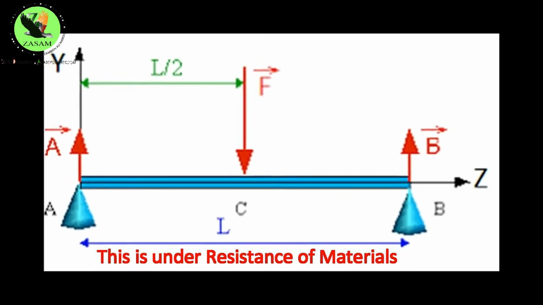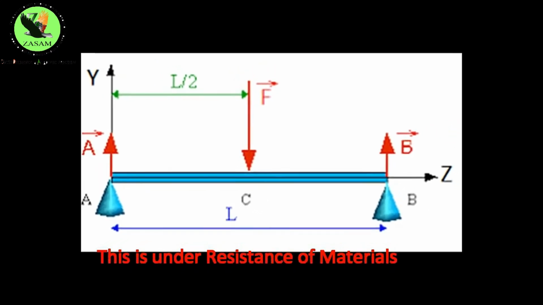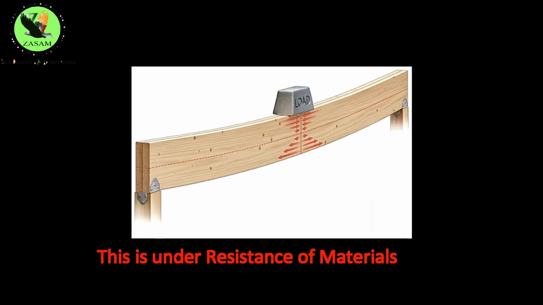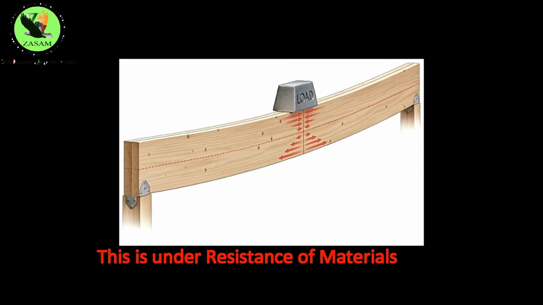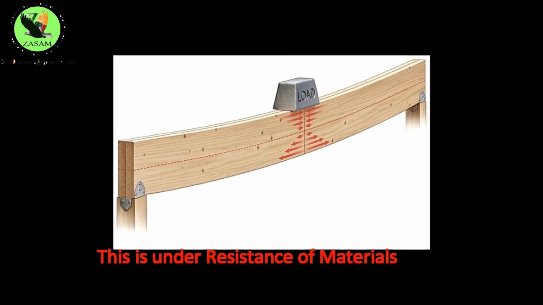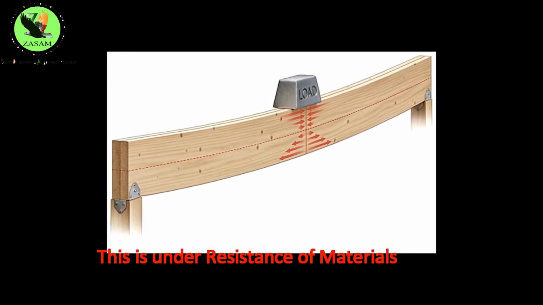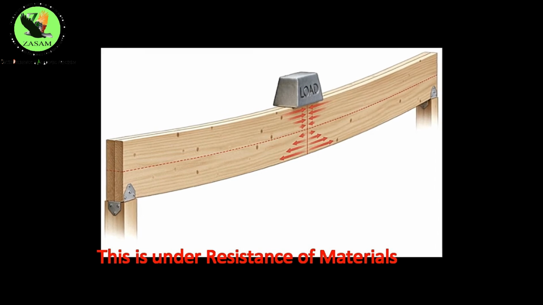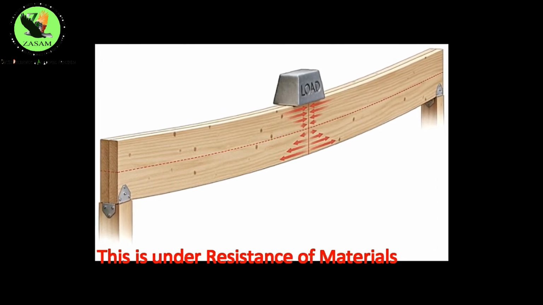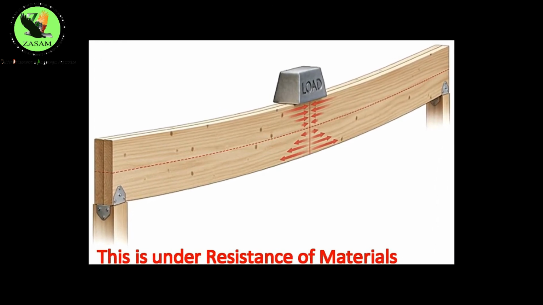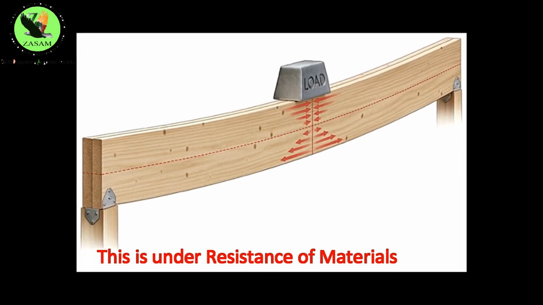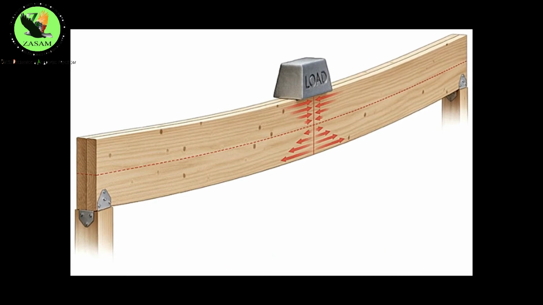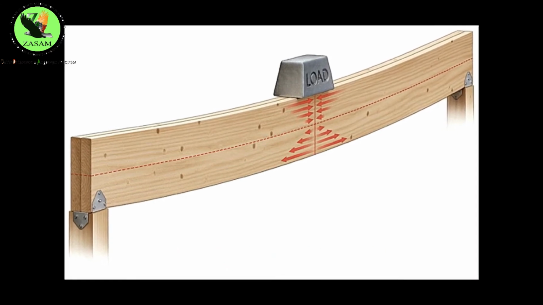We looked at action and reaction of forces. For example, in this image you see a load that is exerting some force on a beam, a wooden structure, and there are compressive forces and tensile forces. The compressive forces are those that are bringing the elements together, and tensile forces are the ones that take them apart.